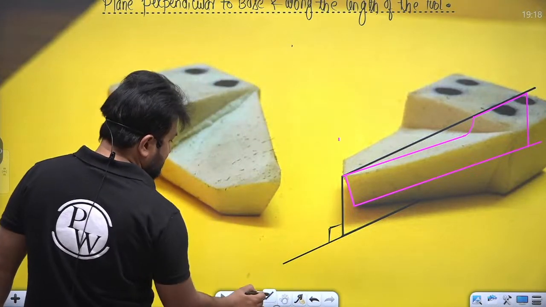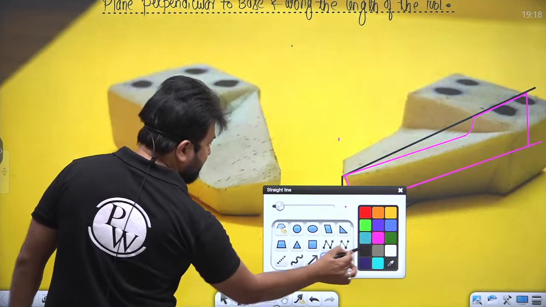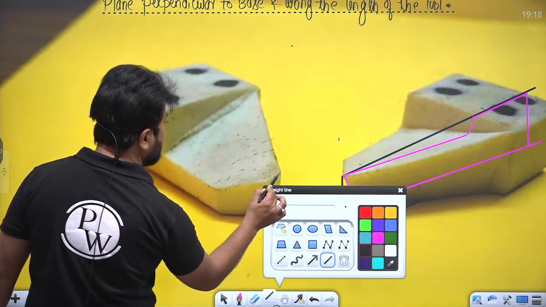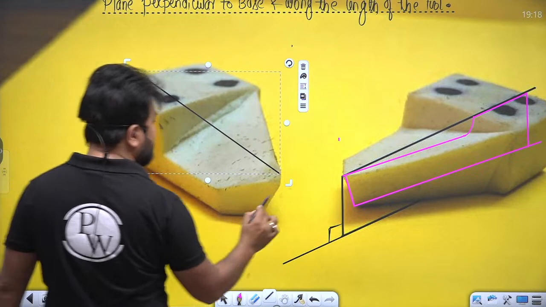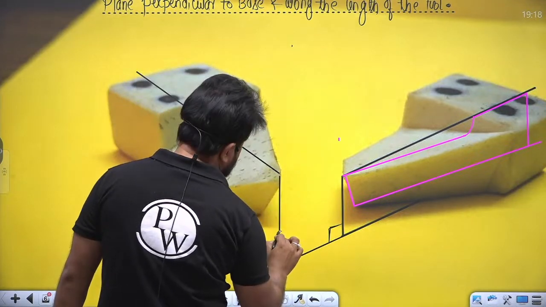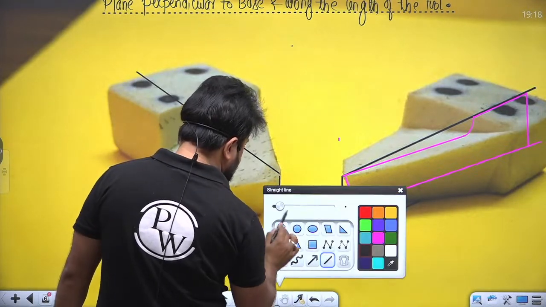Now again see, you have to draw a plane along the length, right? You can see, this is a plane, my dear.